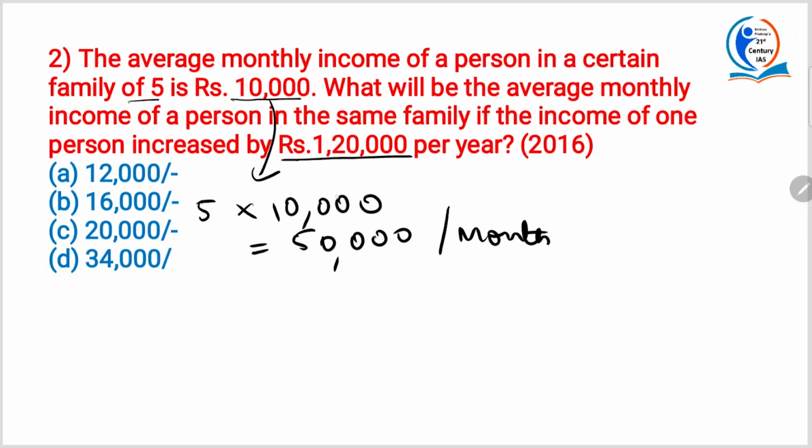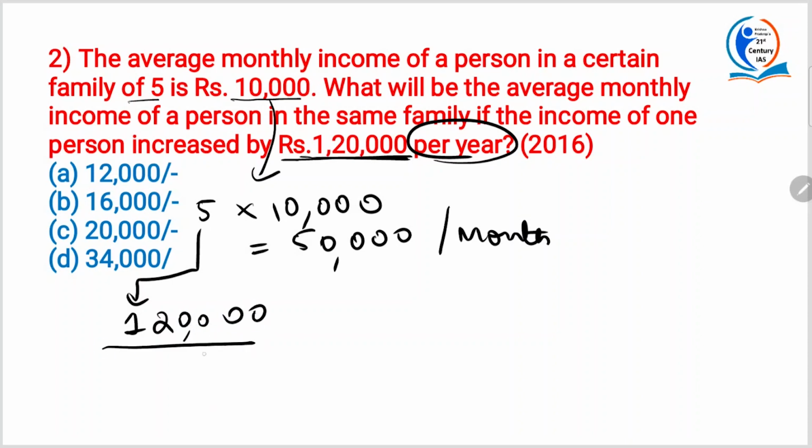Now, in these 5 people, one fellow's salary is increased by 1,20,000 per year. So per month, how much will it increase? It is 1,20,000 by 12 because there are 12 months in a year, no? So it will be 10,000 rupees.